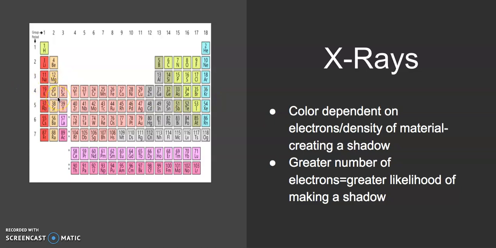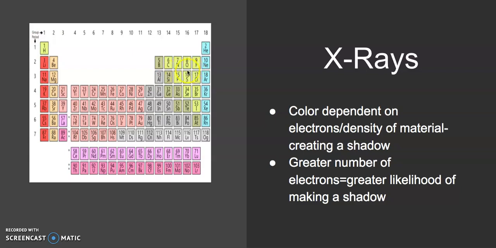So we think about X-rays being used to image bones and to image teeth. And the reason that they image bones and teeth is because they both have a high level of calcium. And calcium has a higher atomic number and a higher number of electrons than almost everything else in the body. The majority of the elements in the body are hydrogen, carbon, nitrogen, and oxygen.